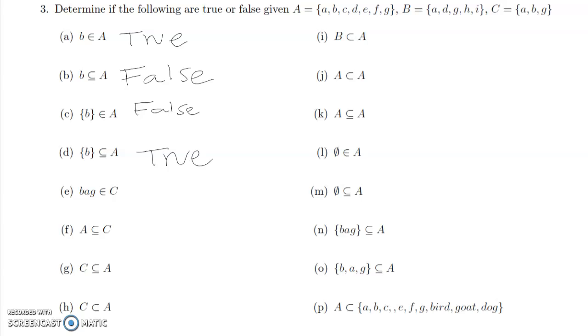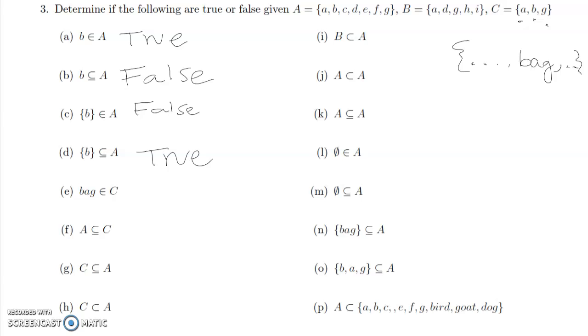Okay, part E. Again, now we're looking at that is an element symbol. We want to know, is bag, the word B-A-G, an element of C? Now, individually, the letter B, the letter A, and the letter G are elements of C. But again, notice that this is not something where we have in the list B, A, G all together as being an element.